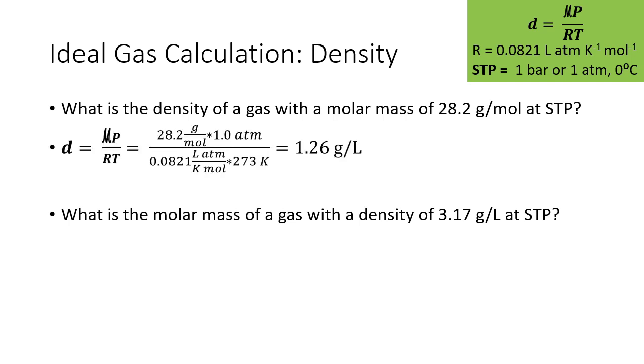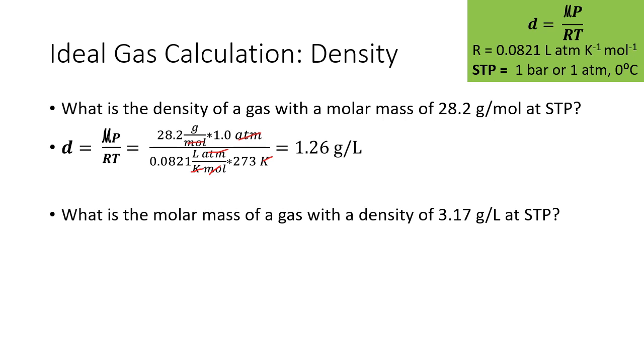And when we do that, we get grams per liter because everything else cancels out. This is a valid unit for the density of a gas. If we look up 1.26 grams per liter, we'll find that this is nitrogen gas.